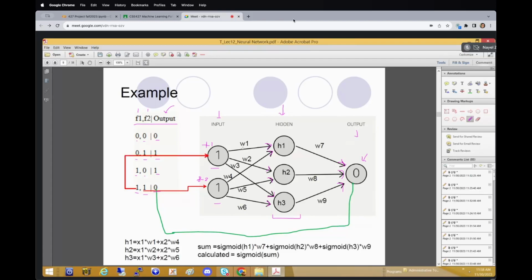This is W1, the connection between x1 and h1. The weight between x1 and h2 is W2. The weight between x1 and h3 is W3, x2 to h1 is W4, x2 to h2 is W5, and x2 to h3 is W6.